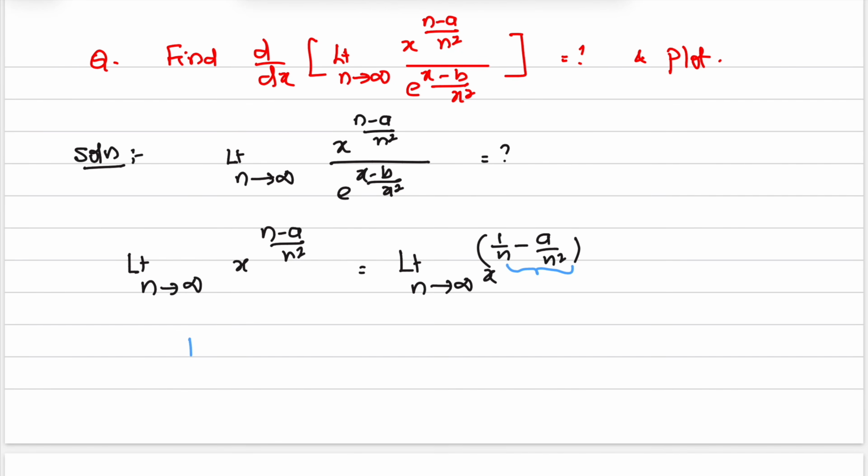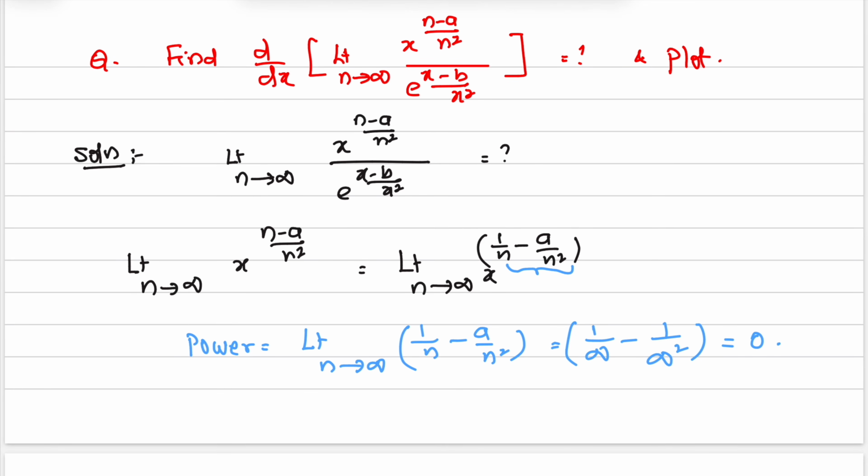What is the power value here? The power is equal to limit n tends to infinity of 1 by n minus a by n square, that is equal to 1 by infinity minus 1 by infinity square, that is equal to 0.